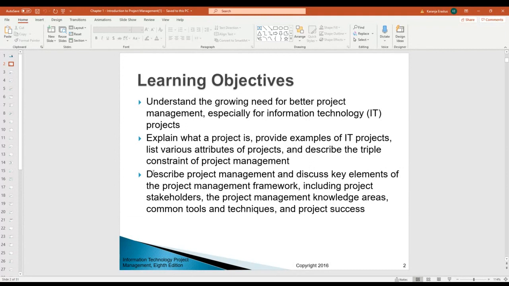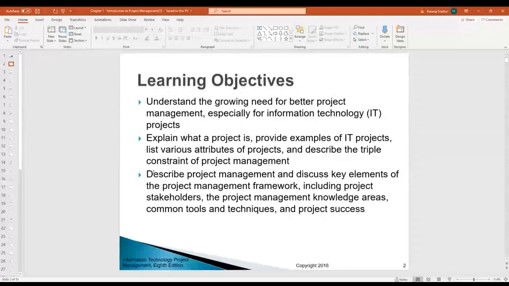So I'm not going to spend all the time going through what's called death by PowerPoint, but I'll highlight some of the key points. So we'll briefly talk about why we need projects in organizations. And although you'll keep saying IT or information technology, the concepts that we are covering are not specific only to IT projects. You can use them in any other business.